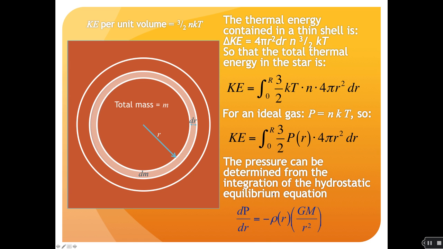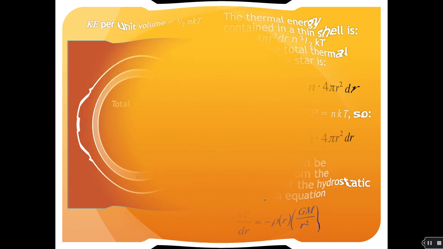And remember that we can get P of r by integrating dP by dr, because that's also something that is going to change.